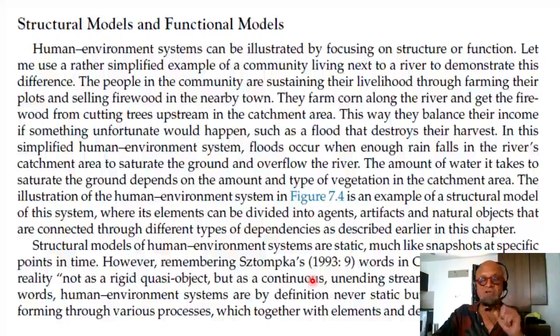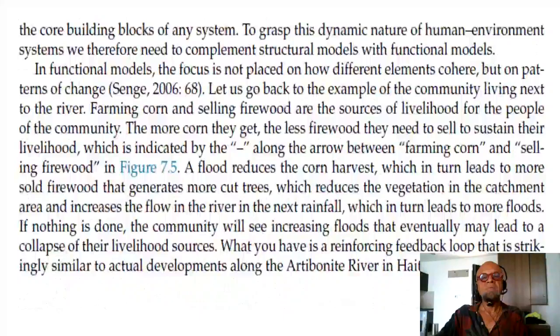However, remembering Sztompka's words in chapter 6, we observe reality not as a rigid quasi-object but as a continuous unending stream of events. In other words, human environment systems are by definition never static but continuously transforming through various processes which together with elements and dependencies comprise the core building blocks of any system.